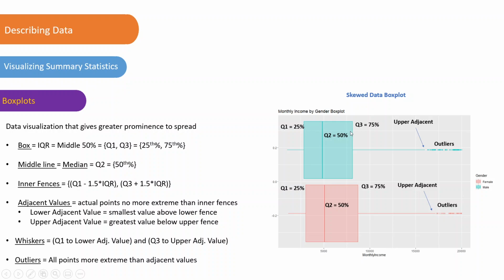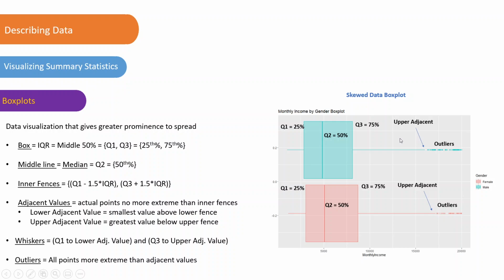So whatever Q3 minus Q1 is, that's your IQR. If you multiply that interquartile range by 1.5, you go down from Q1 by 1.5 times your interquartile range, and from Q3, you go up by 1.5 times your interquartile range.